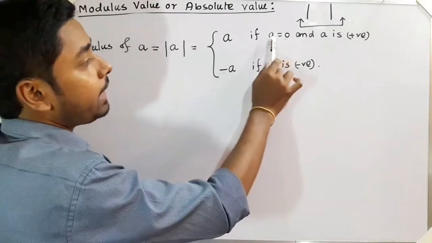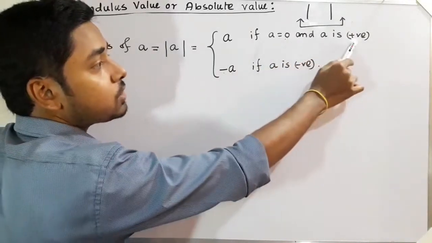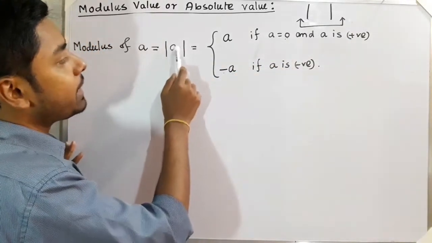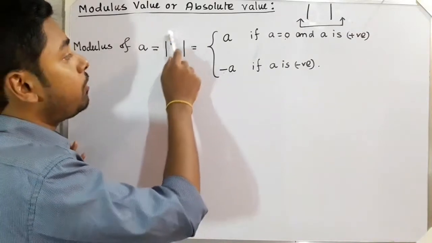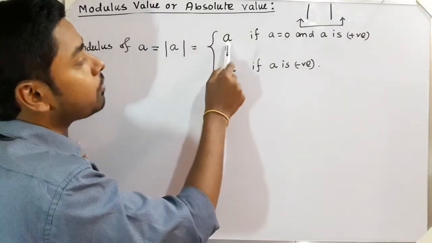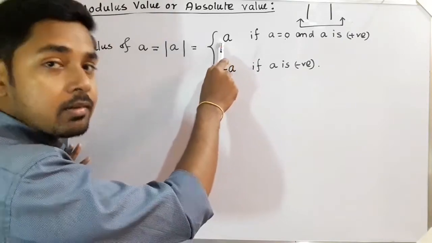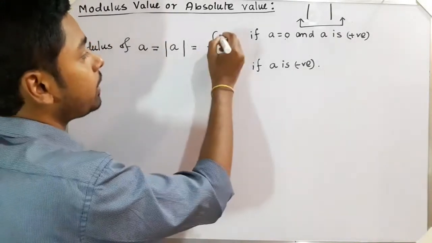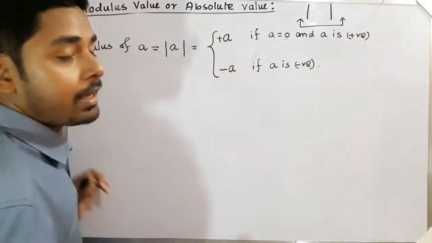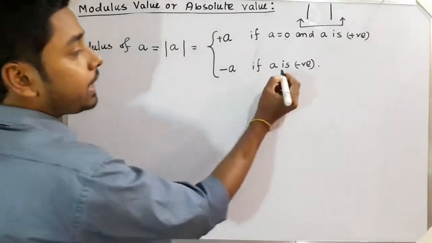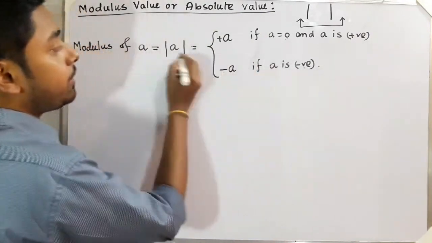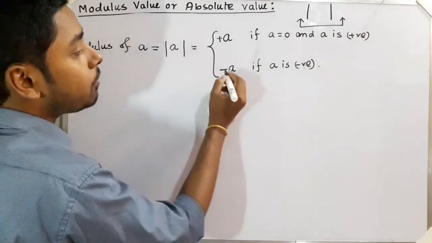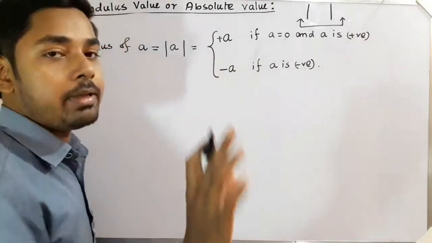When a is 0 or a is positive, that means whenever this a will be positive, then value of the modulus a will be positive a. And whenever a is negative, then value of modulus a will be negative a. This is the main thing.